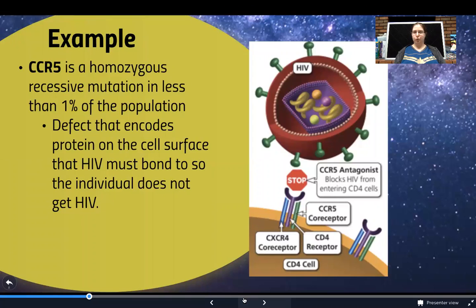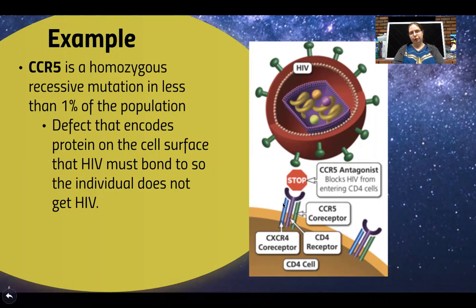It only occurs in less than 1% of the population. Now, the interesting thing about this is it's a defect that encodes a protein on the cell surface that HIV must bond to, so the individual does not get HIV. So what we're saying is, if you look at the picture, there are receptors on your cell surface.